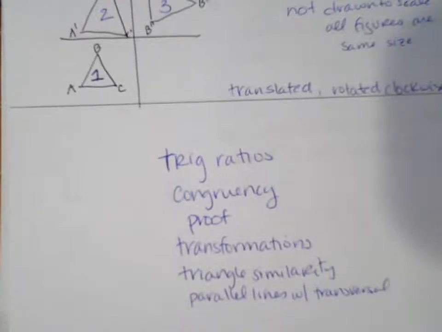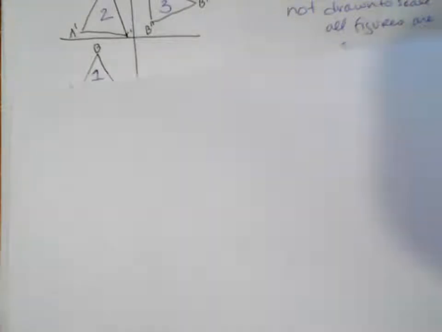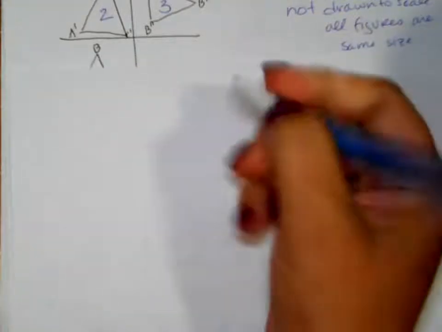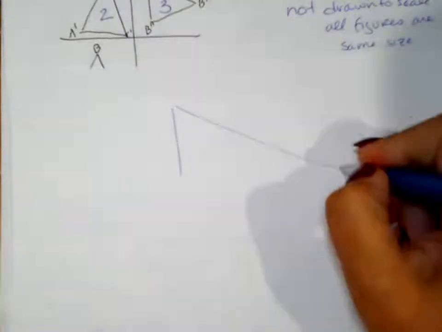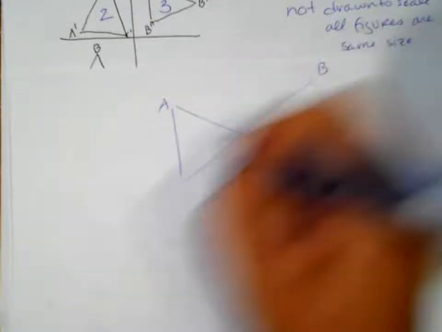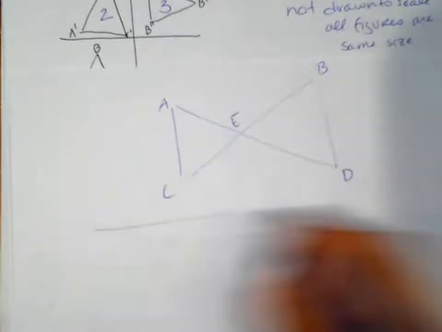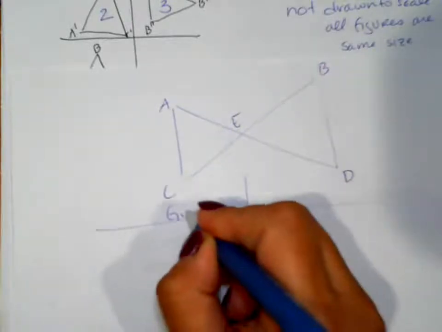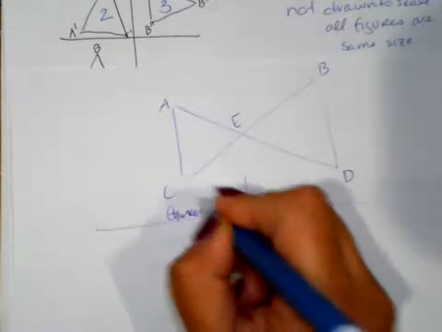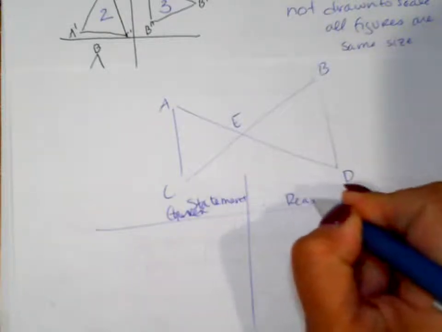All right. A proof. What do I mean by a proof? I'm going to cover that up real quick for you guys. A proof would be something like this, with points A, B, C, D, E. It's where you do the two columns and you have the given. So you have your statement and your reason. Statement, reason.